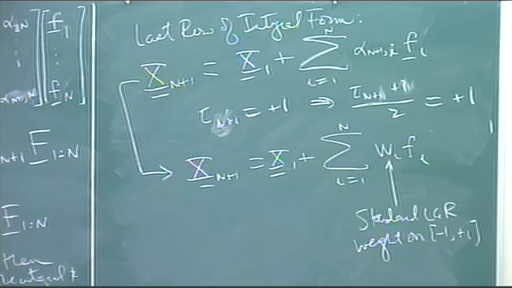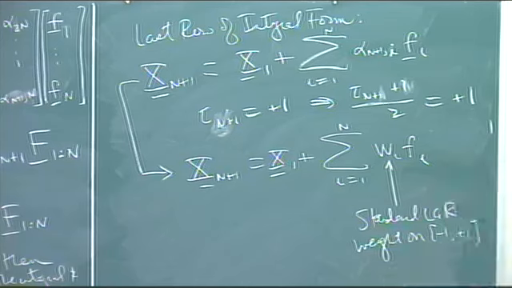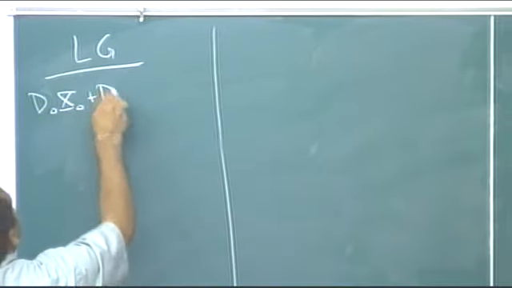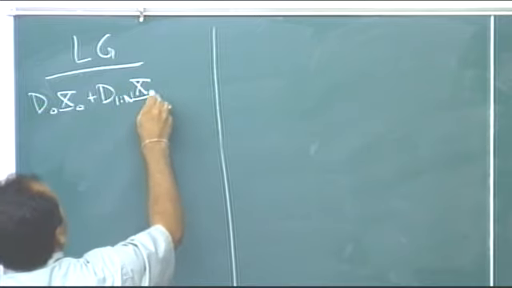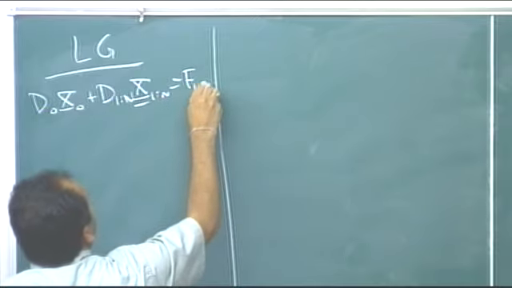So the summary of this looks like this. If we take LG and LGR, here's what the summary comes down to, when you look at the two systems. So what I'm going to do is I'm going to write on this board, I'm going to split it in half, which is that when we do LG, what we have is D0 times X0 plus D1 colon n times X1 colon n equals F1 colon n.